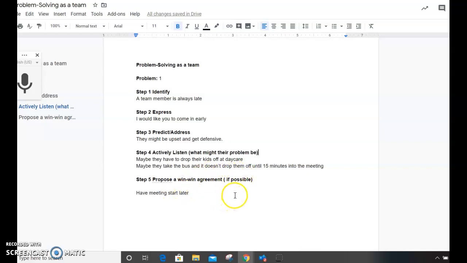And I said possibly because, like we've discussed in class, we can't always get to a win-win agreement. Let's say you're a busy working person and you don't have the time to fit them in because of the bus schedule, because they have to drop their kids off or whatever. So it might be unreasonable, and you can write that.